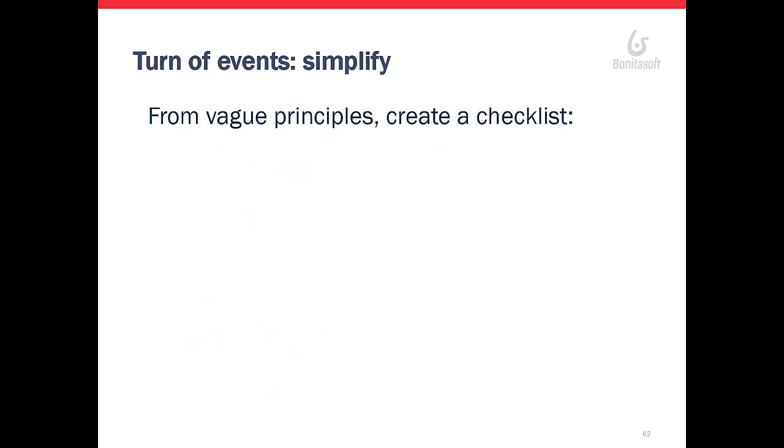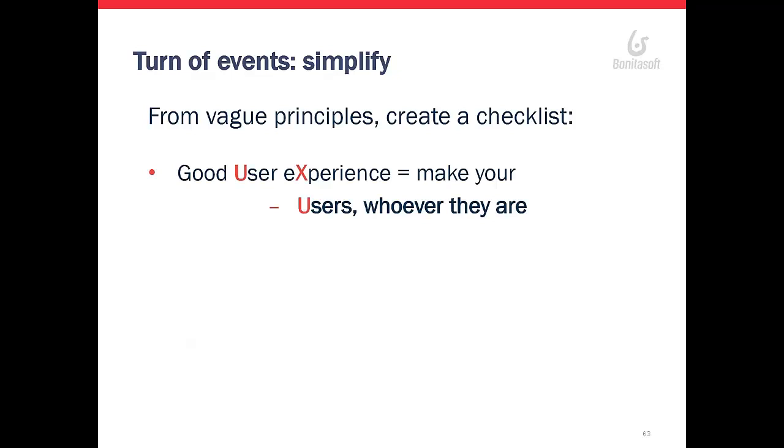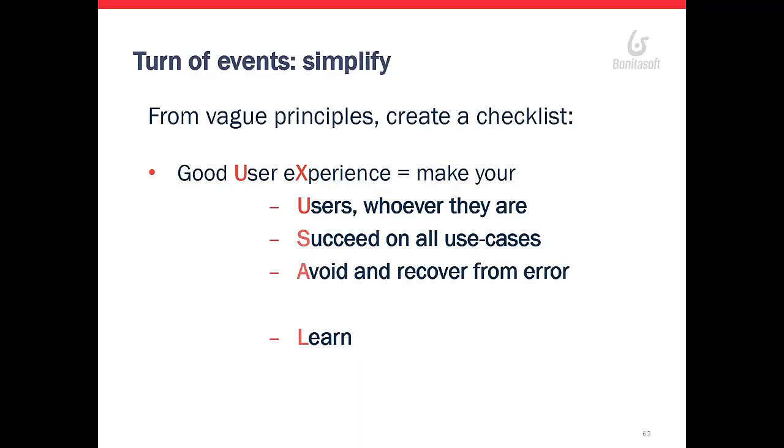So also from vague principles of usability, I went on and created a checklist, again, to make things more simple. So this is something you can also take away. Good user experience is to make your users, whoever they are, succeed in all use cases. They need to learn how to use this application.